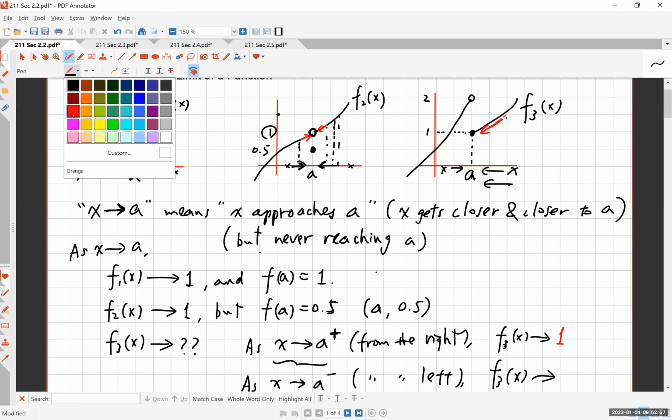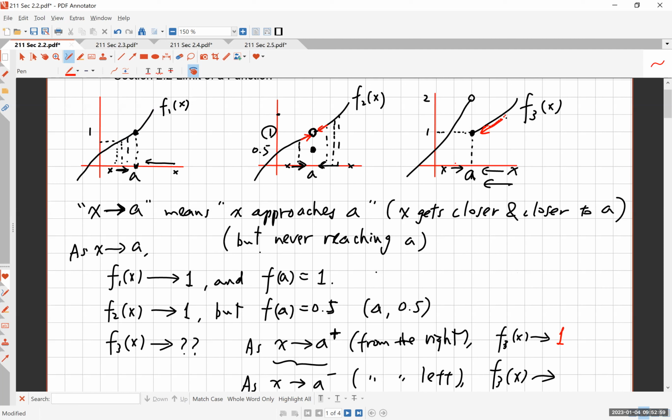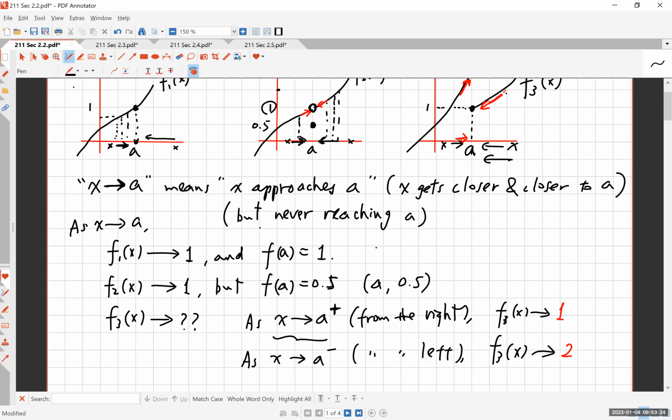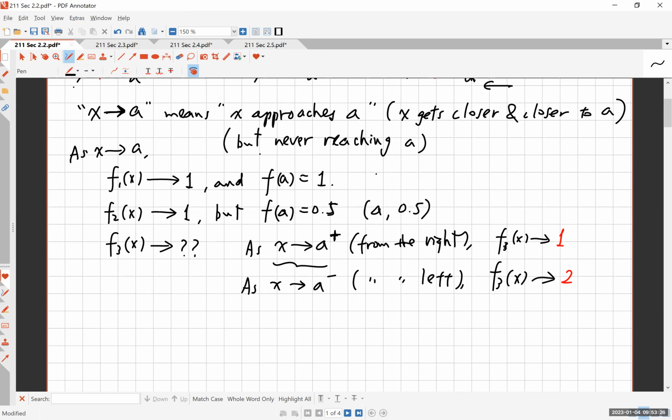Right, so now we are looking at your x values approaching a from the left-hand side. And as you follow along this curve, the value of y, or value of f3, seems to be approaching higher and higher to 2. Okay, so now we have 2 different limiting values as you go from the right and the left.